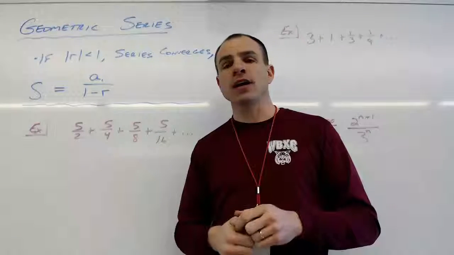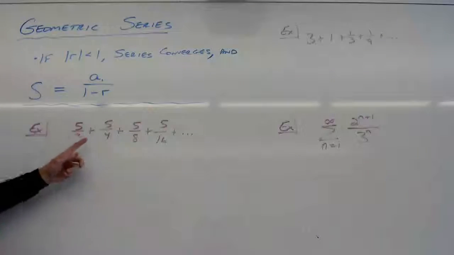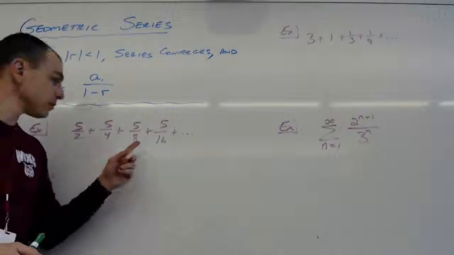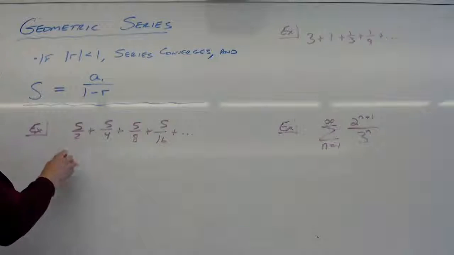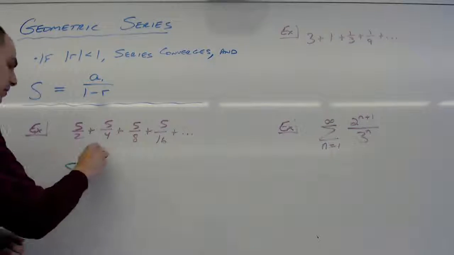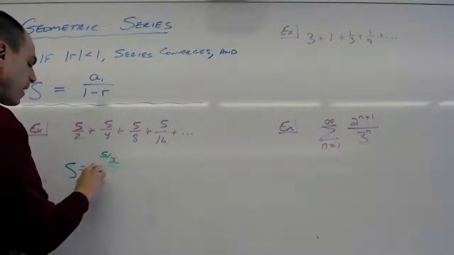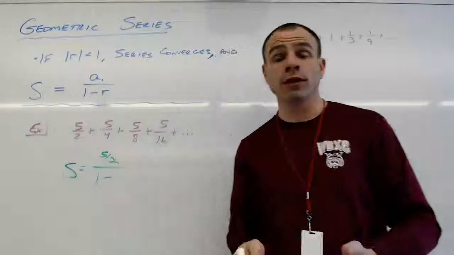So let's find the sum of some geometric series. Our first example, we see 5 halves plus 5 quarters plus 5 eighths plus 5 sixteenths. In order to find the sum, we need the first term, which we have, it's 5 halves, and we have to divide that by 1 minus the common ratio. Now we're not given the common ratio, but we can quickly determine it.